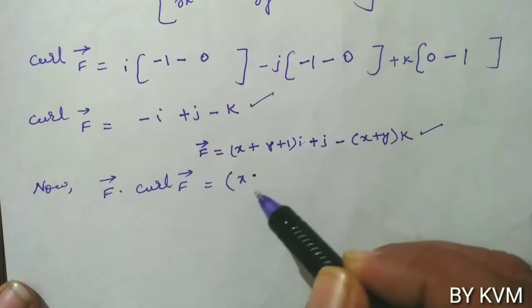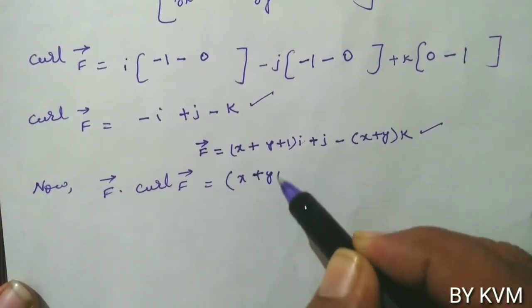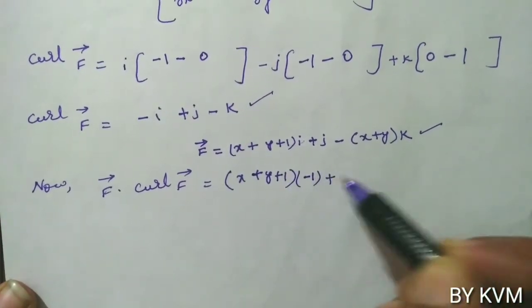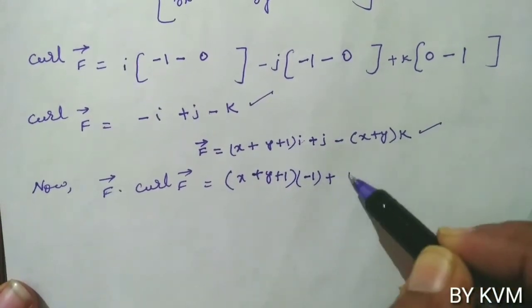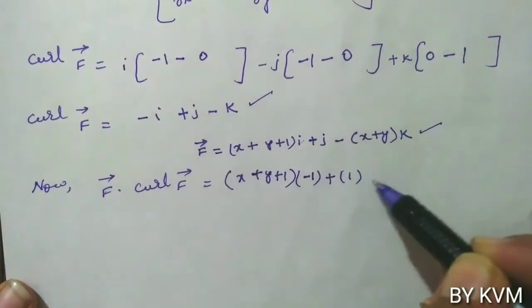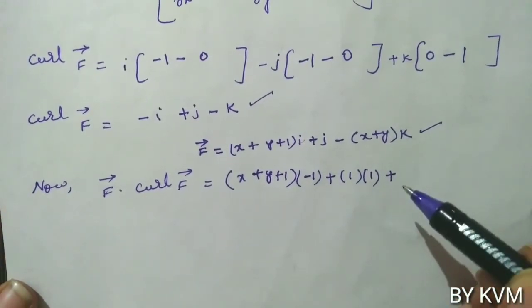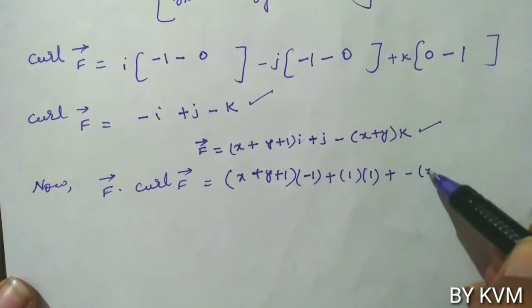So the dot product is the product of coefficients of i, (x + y + 1) and minus 1, plus the product of coefficients of j, that is 1 into 1, plus the product of coefficients of k in both the vectors. So here it is minus (x + y).